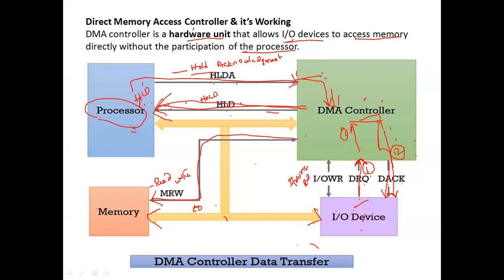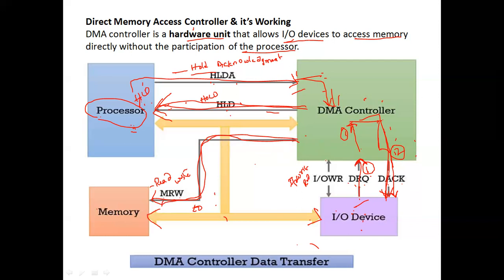Then the DMA controller again acknowledges the IO device that you can transfer the bulk amount of data from the IO device to the memory. So with the help of this DMA controller, the IO device transfers the data to the memory, or from memory to the IO device.